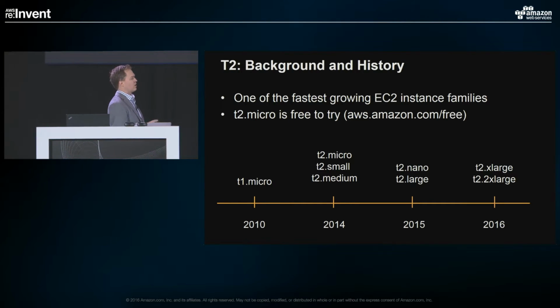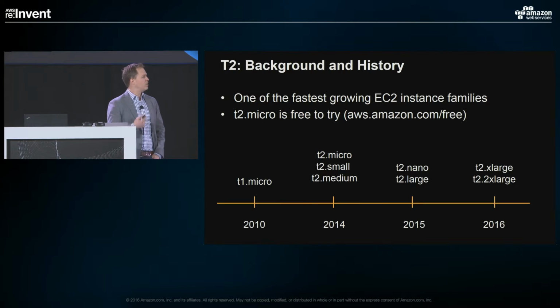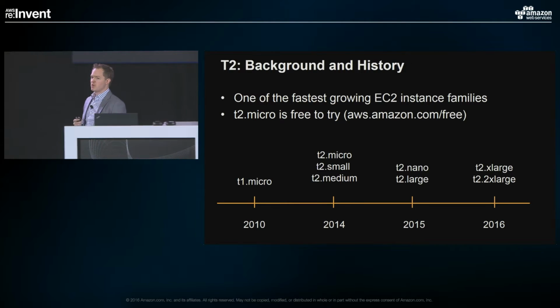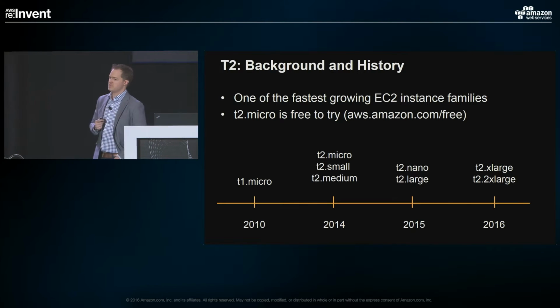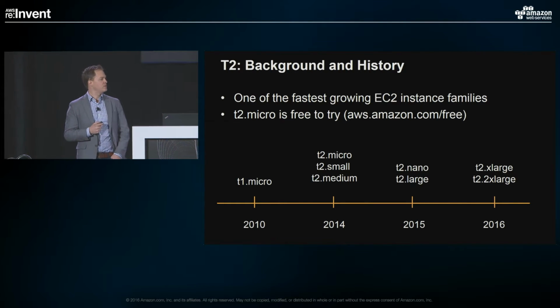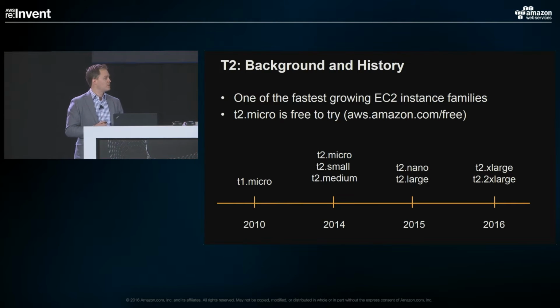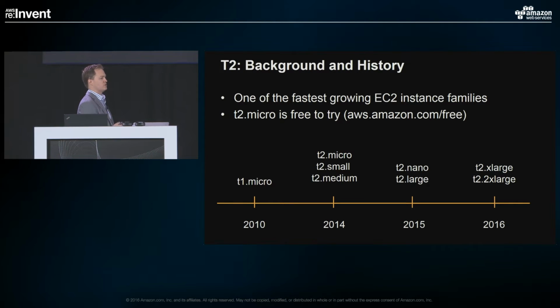And so that means that a lot of customers have some usage of these, but some of the details are not as familiar. Just yesterday, we actually announced two new sizes in the T2 family, the T2 Extra Large and the 2X Large. And these were based on, as we saw the usage of T2 instances across our fleet, we saw that there were a lot of customers using the largest sizes, the medium and large T2s.